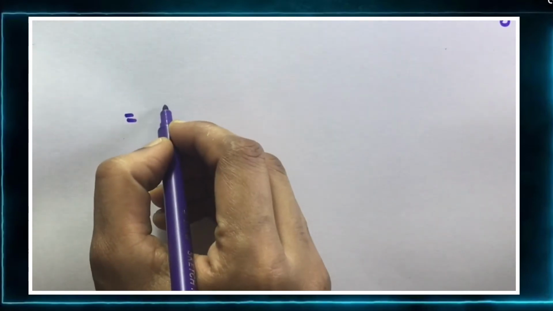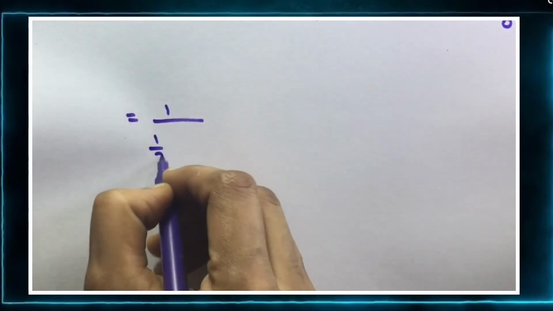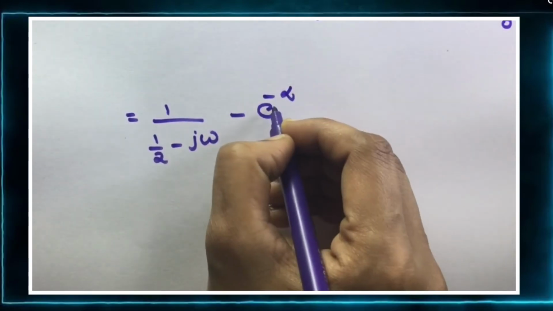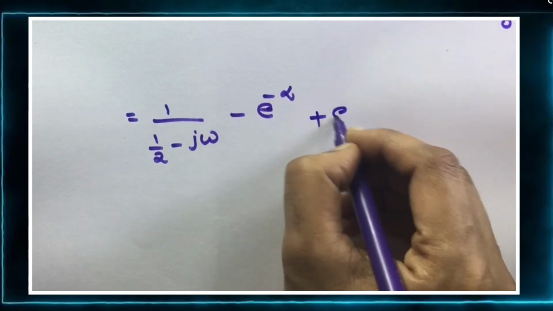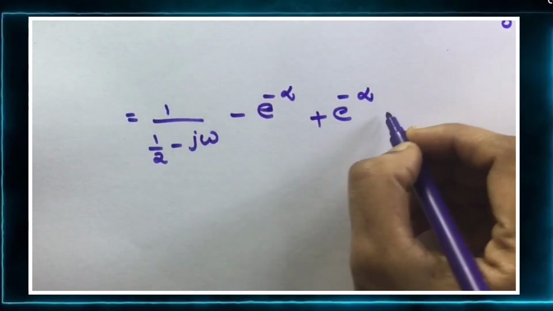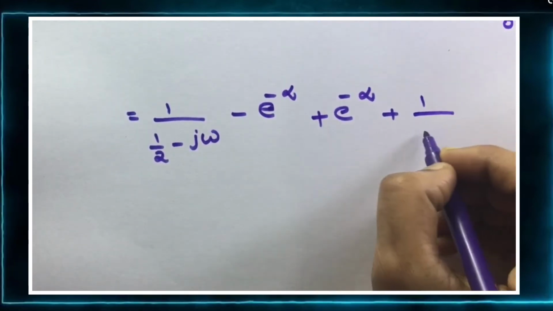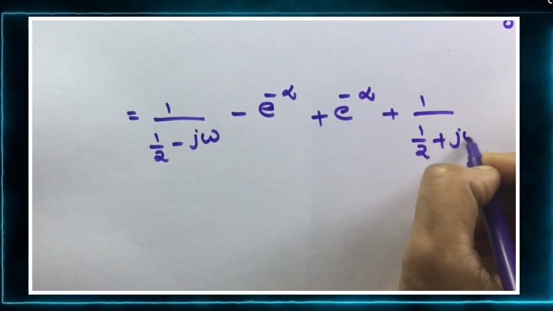When we apply lower and upper limits, we get 1 by (1 by 2 minus j omega) minus e raised to minus infinity plus e raised to minus infinity plus 1 by (1 by 2 plus j omega).